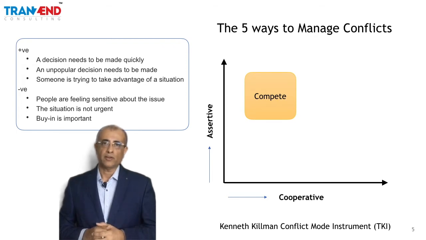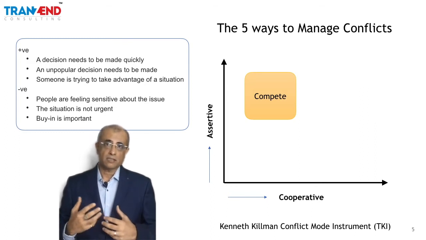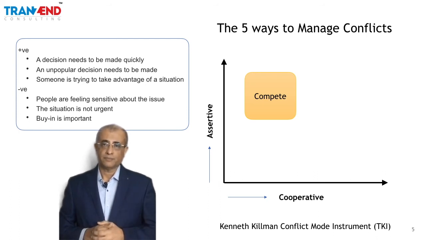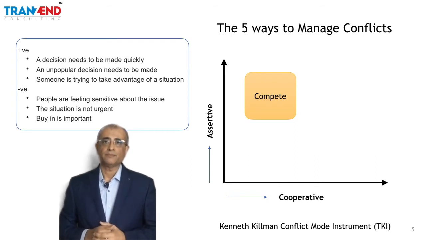Now you get into conflict with your supervisor, who somehow feels that this team member is a good performer, and you don't have too much time to get into a conflict, to understand and decide on some other area of action, because you want to get this person out of the team, get someone else and take the team forward.